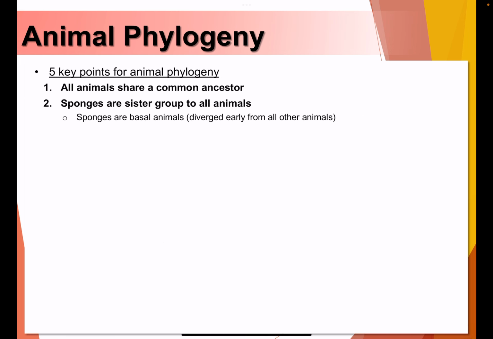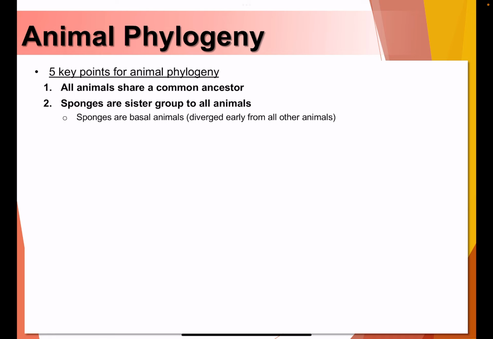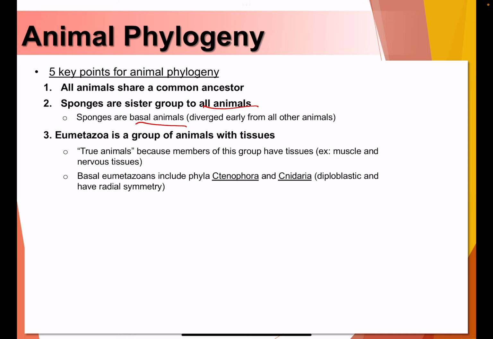And then sponges are sister group to all animals. Sponges are represented by the phylum Porifera, so this is your basal taxon for the entire animal phylogeny. Sponges are your basal animals, and they diverge early from all other animals.